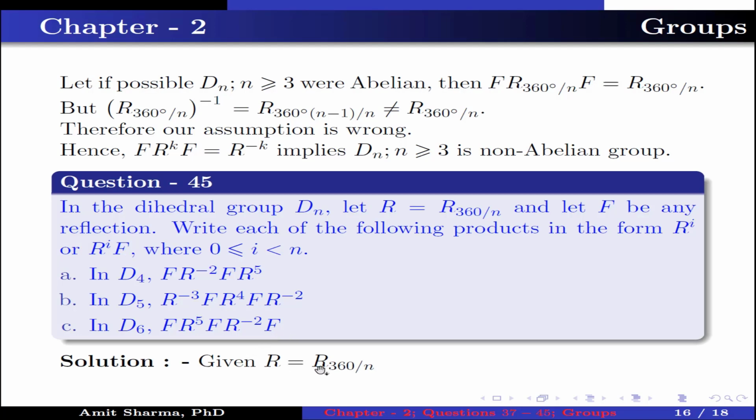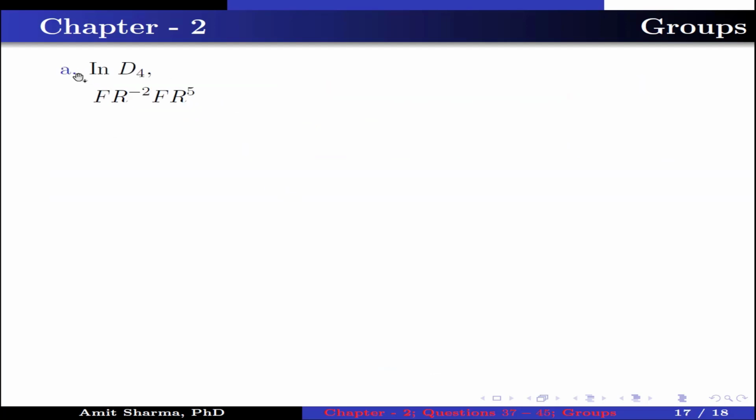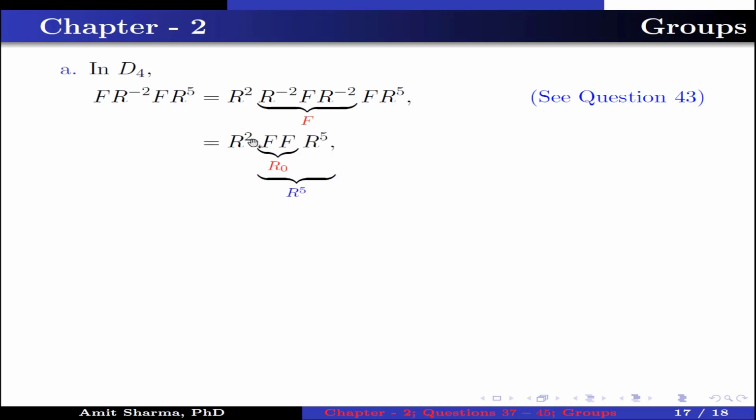Now given R is equal to R 360 by n and let F be any reflection. Part A, in D4, we have to find the value of F R minus 2 F R5. Now multiply R square and R square inverse, we get R square into R minus 2 F R minus 2 F R5. Now the value of R minus 2 F R minus 2 is F. Why is it so? For more detail, see question number 43, which is further written as R square F into F R5.